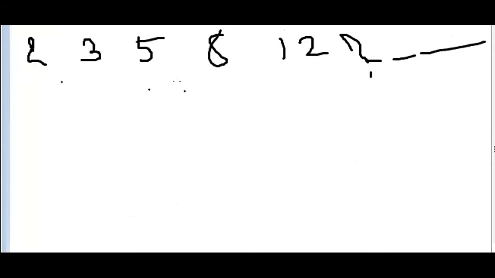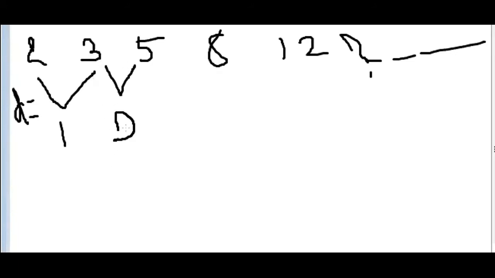So okay, if you look at this series carefully, there is 2 at the beginning. The first number is 2, then we have 3. With the help of this difference, we can form this particular series. So the difference right now is 1. Now here the difference is 2. After 3 we have 5, so the difference is 2. Then after 5 we have 8, so the difference is 3.